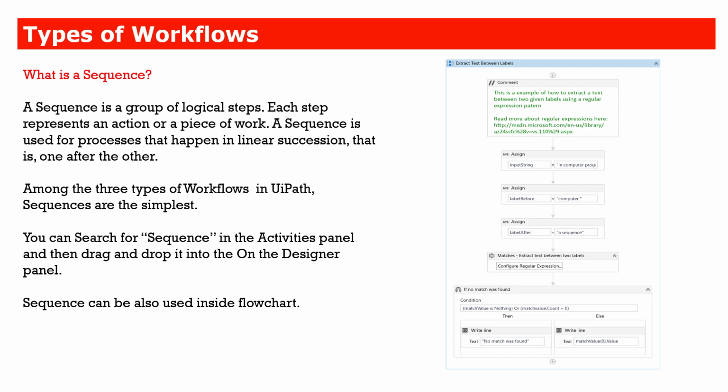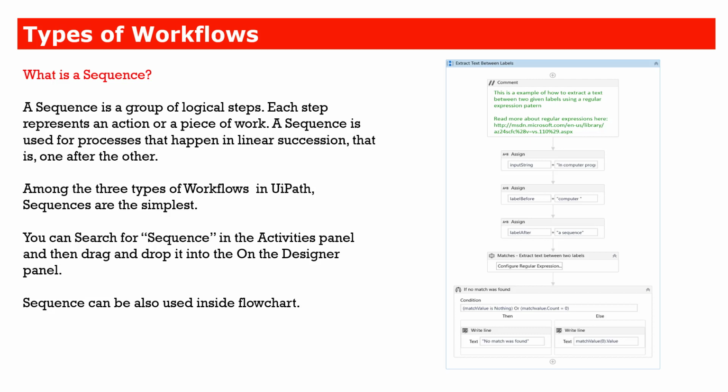The only thing is that if we reach the no match found branch, there is no way we can connect it going back to assign. And a sequence can be used inside a flowchart, right? We can use a sequence inside a flowchart. So the only thing that you need to keep in mind: linear succession, one after another. It's a sequence. We cannot go back, and a sequence can be used inside a flowchart.